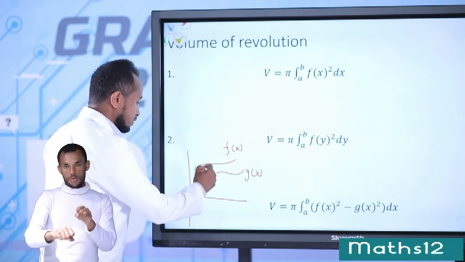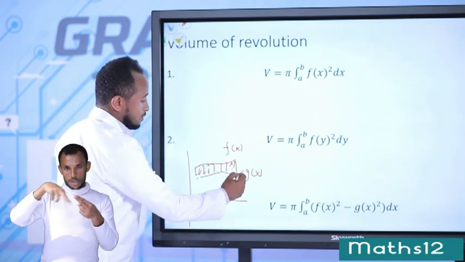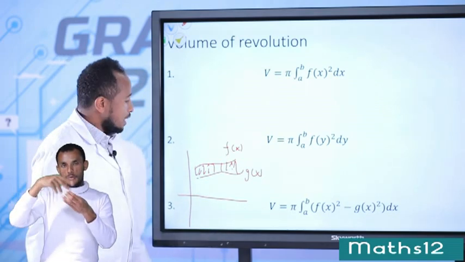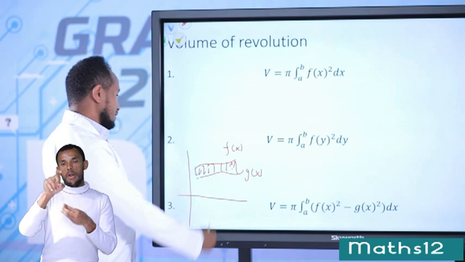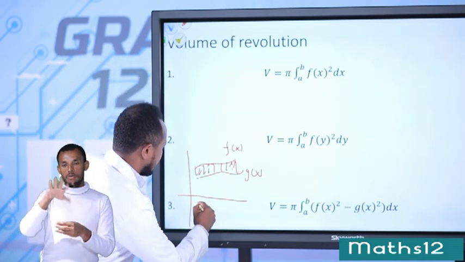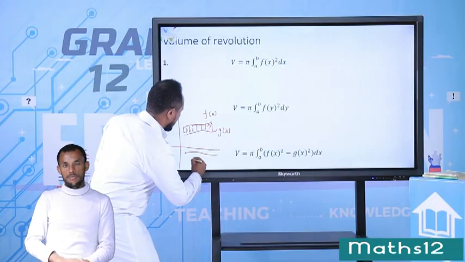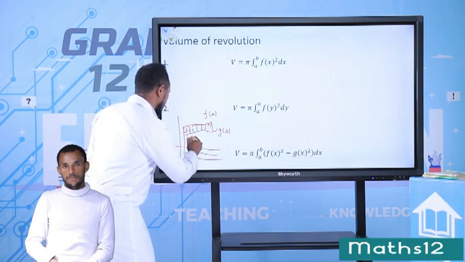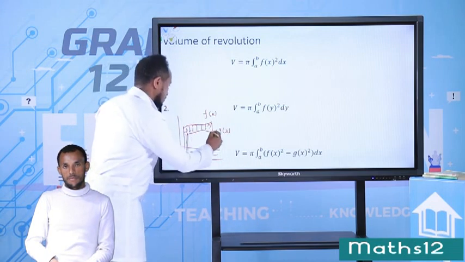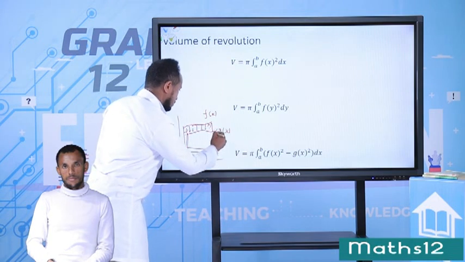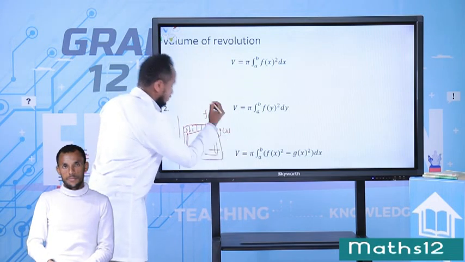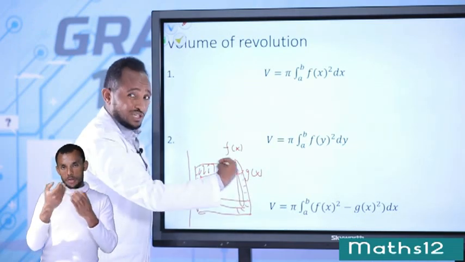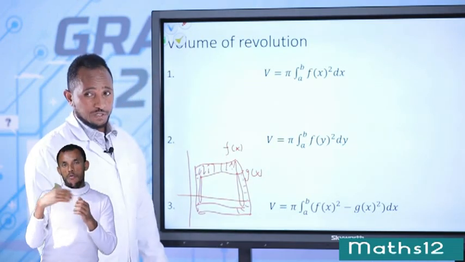So this region, when you revolve it around the x-axis, you will have this one. The inside is hollow. So you will have this region.